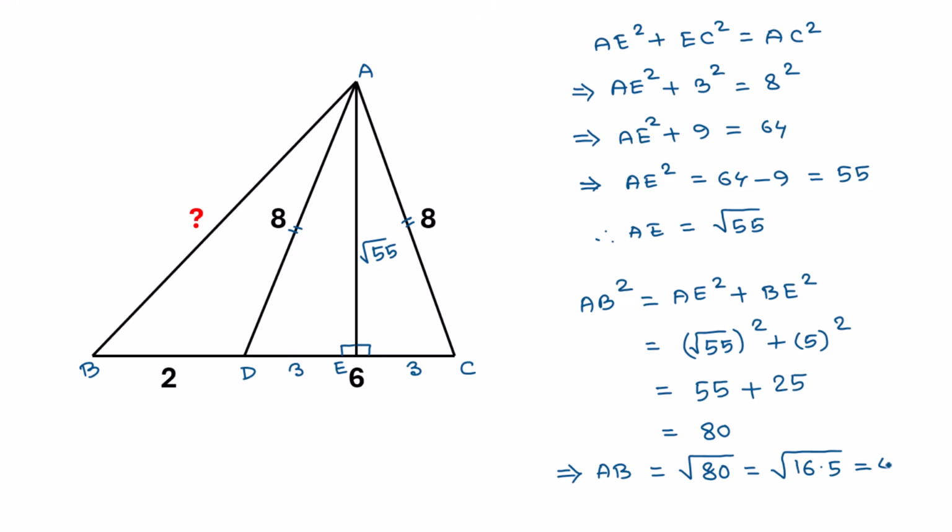This is 4 and this is square root of 5. And this is the length of AB. We have to find this AB. So this is 4 times square root of 5. And this is the solution of our given problem.